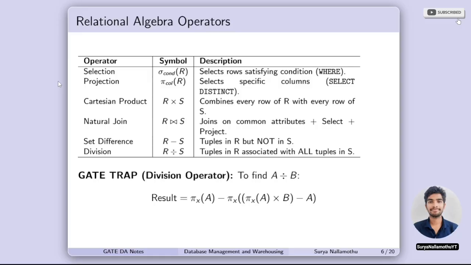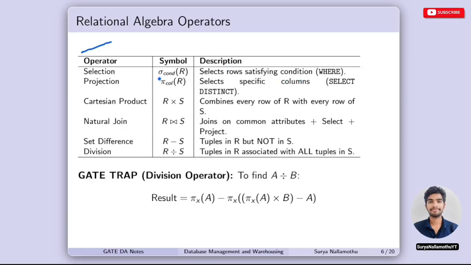Next, the relational algebra operations. These are important, and there will definitely be a question asked in the GATE exam. The selection operator is used to select rows satisfying a condition. The condition means WHERE.